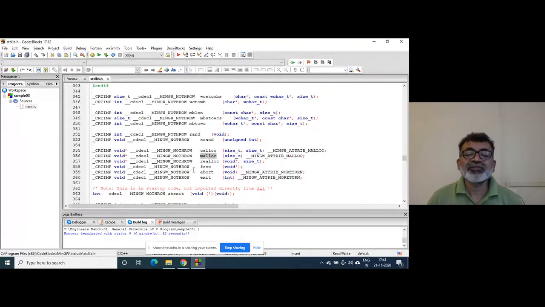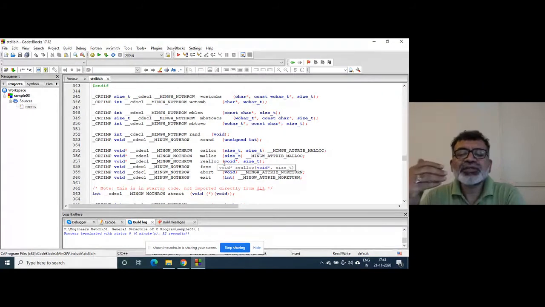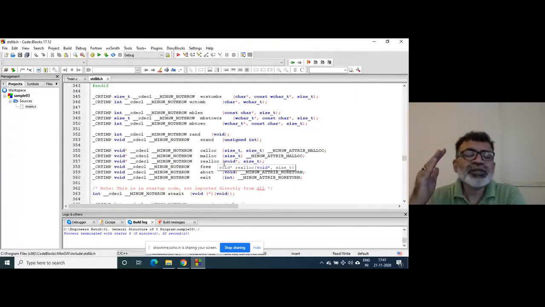Almost in all C programs, not at the academic level, at the professional level, the program won't be completed without the use of calloc and malloc. So these two important files are added automatically by IDEs only, because the majority of functions reside inside these two files. But a lot of other files are there.